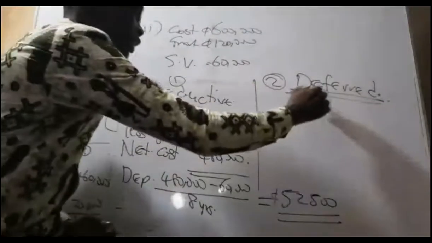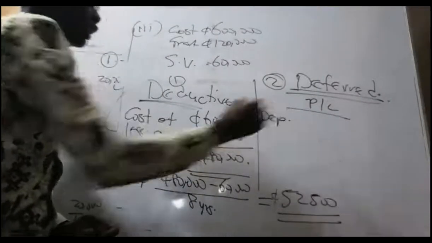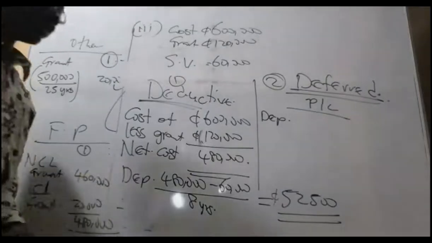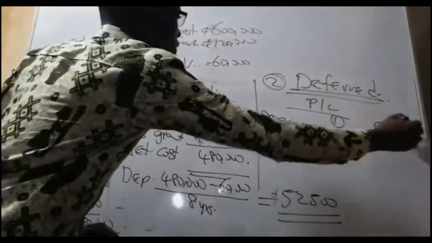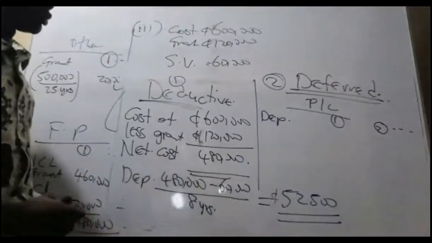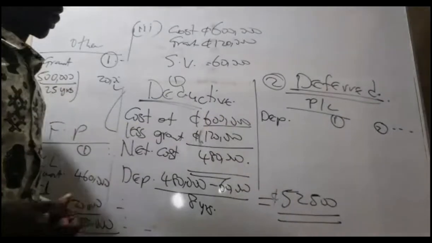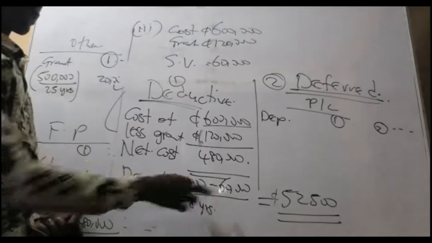Then in the P&L, we write here depreciation. The depreciation will be based on the original amount, which will run from year one, year two, up to year eight. The original amount is 600,000. So depreciation is based on 600,000, and you take off the scrap value of 60,000 from it.